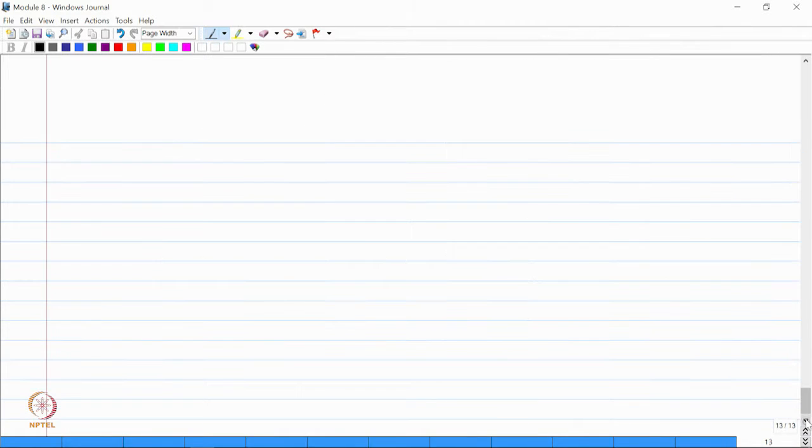The next important point that I want to make is that sometimes f of x is known numerically at discrete points.